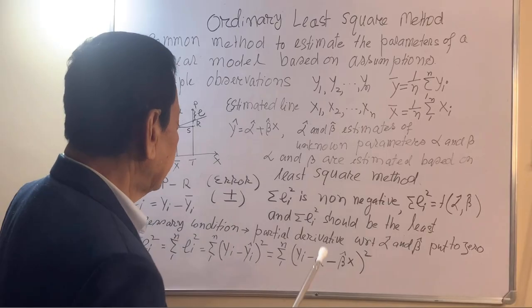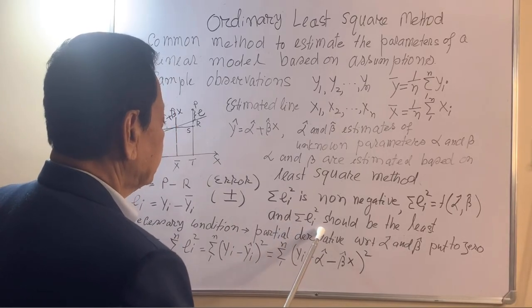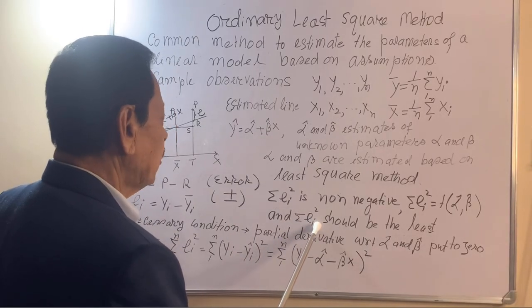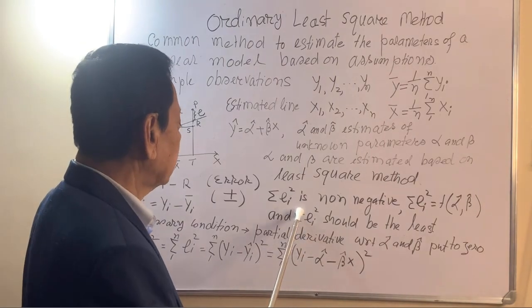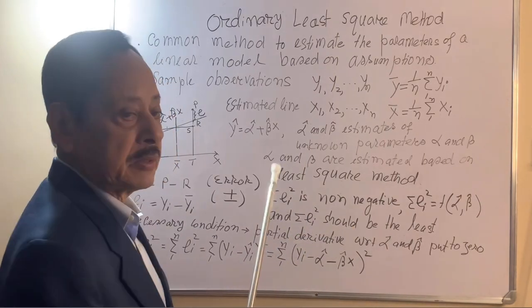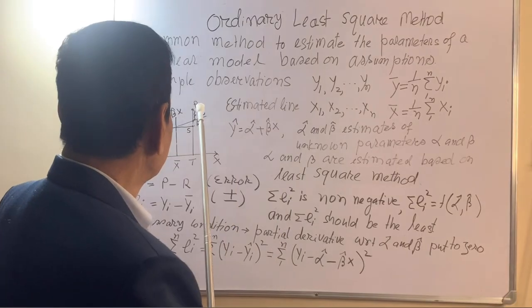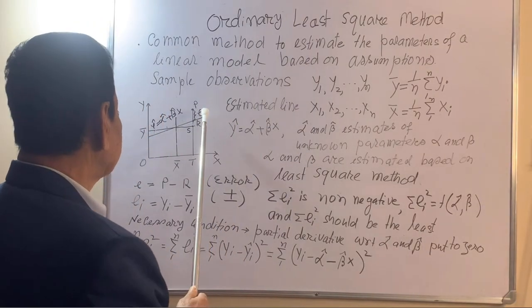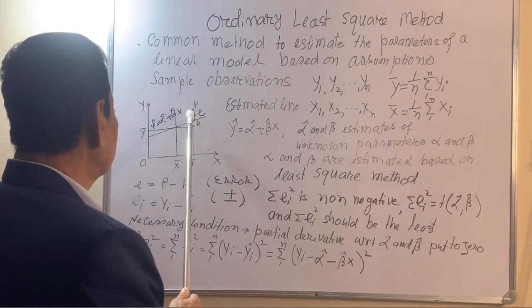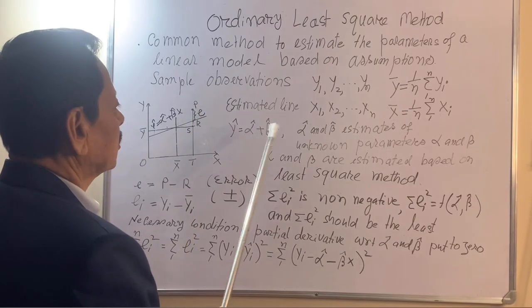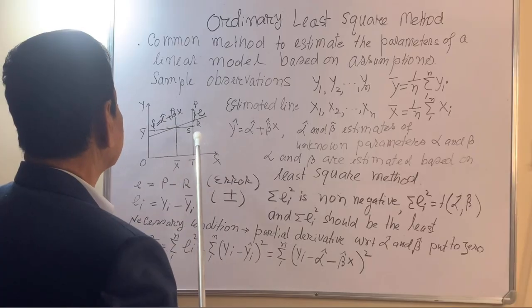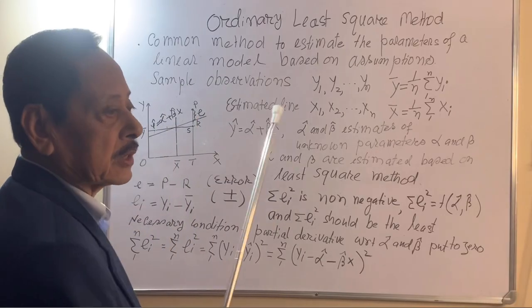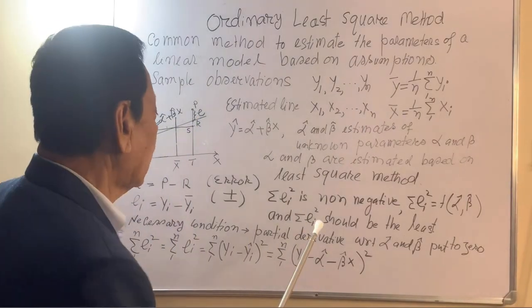Now, the principle is that sum ei square, that means the sum of the square of the error term, should be the least. The meaning is that if the sum of the square is least, necessarily the scatter, if we put all the points, it will be a scatter. So the scatter will be in two equal halves.